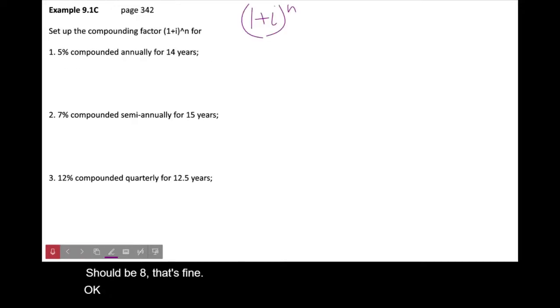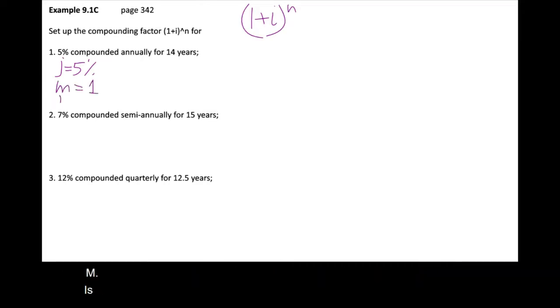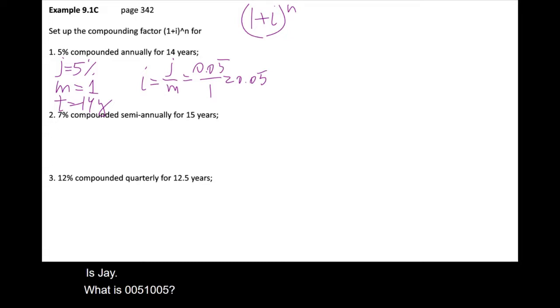Okay, so 5% compounded annually for 14 years. J is 5%, M is 1, T is 14 years. I need i, which is j over m: 0.05 over 1 is 0.05. I need n, which is tm, 14 times 1 is 14.